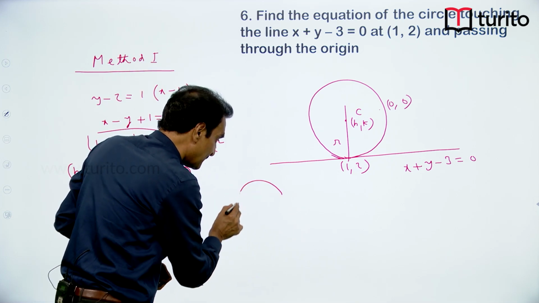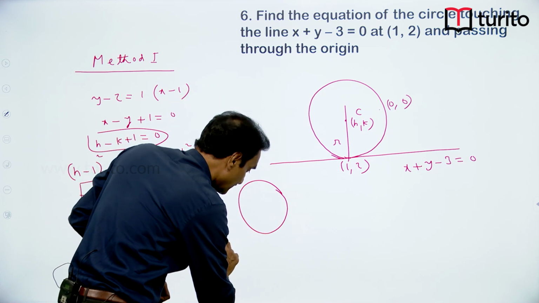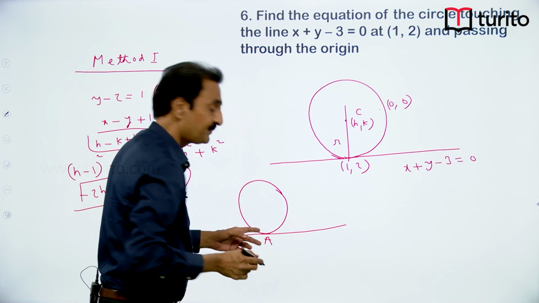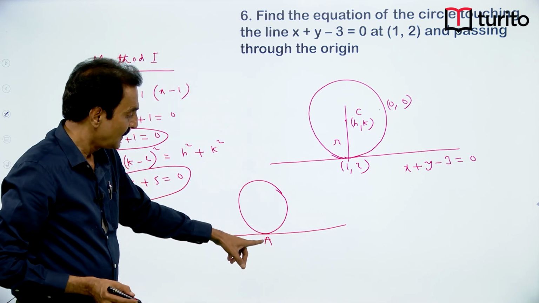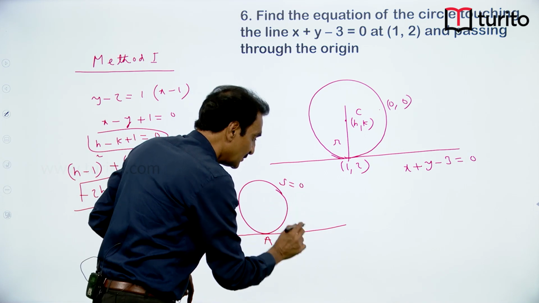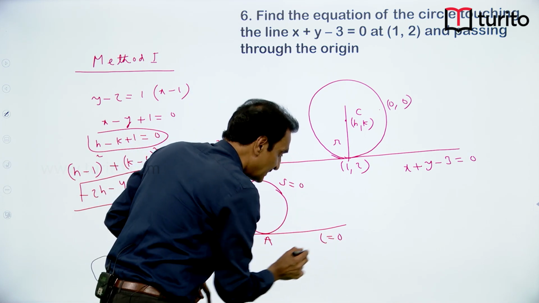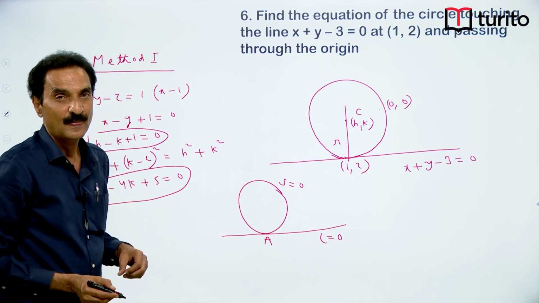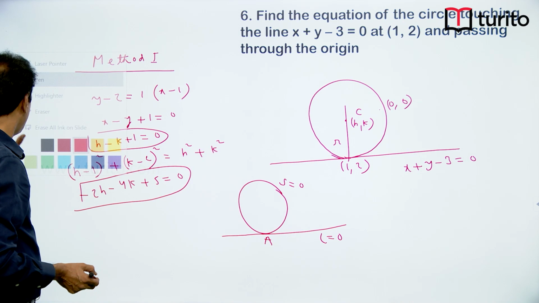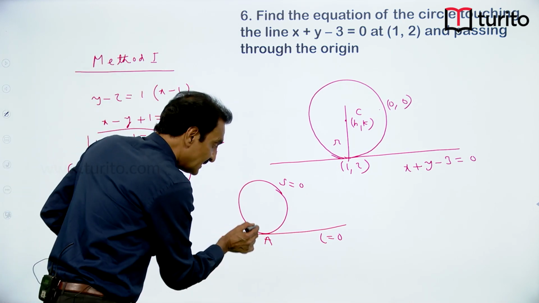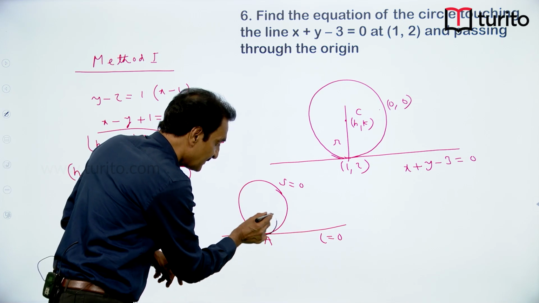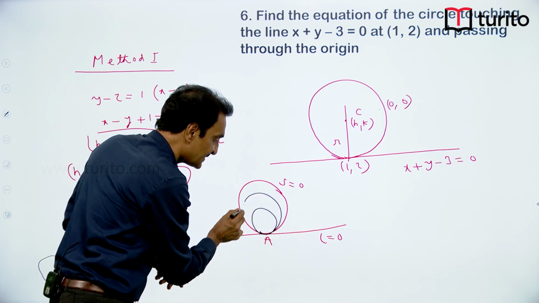I want to use the property that we have discussed in the previous class. Suppose there is a circle S is equal to 0 touching a line L is equal to 0 at A. Then the equation of any circle touching both the line and the circle at A, there will be many circles like this.